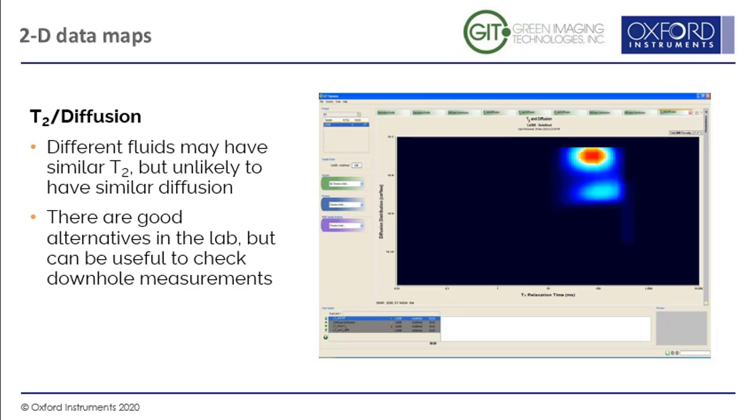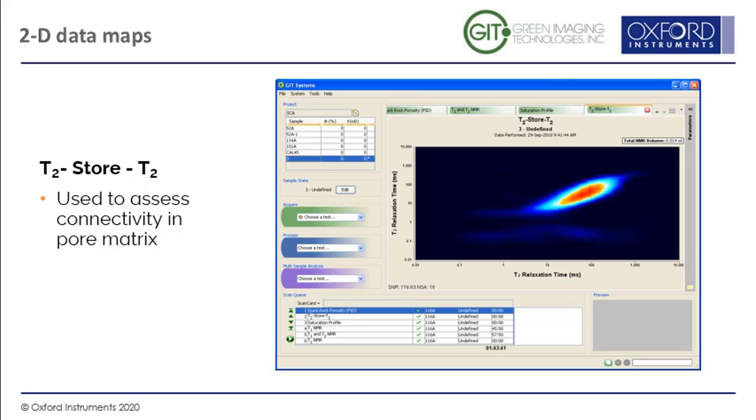Another 2D method is to plot T2 against diffusion. Different fluids may have similar T2s but different diffusion constants. Finally, this method uses a variation of the T2 measurement to give information on the connectivity of pores in a sample.